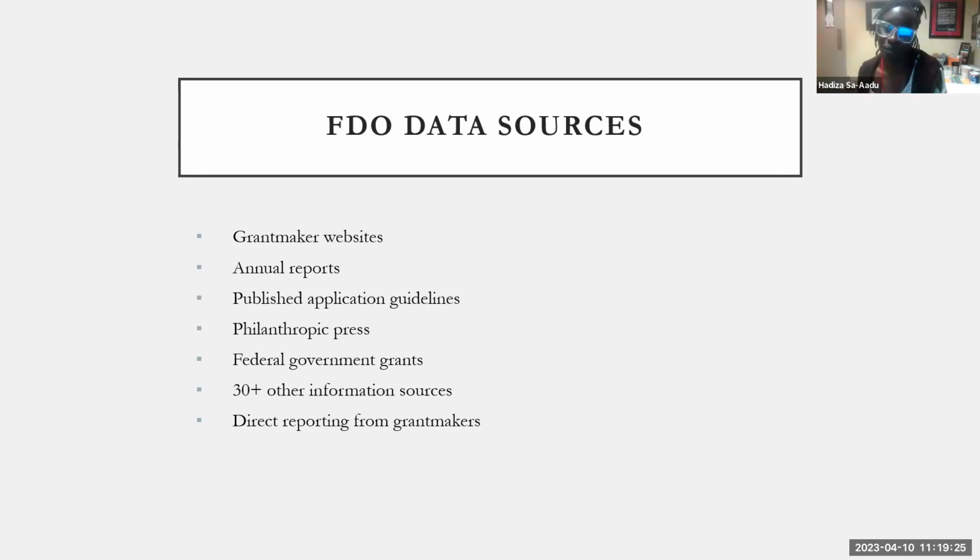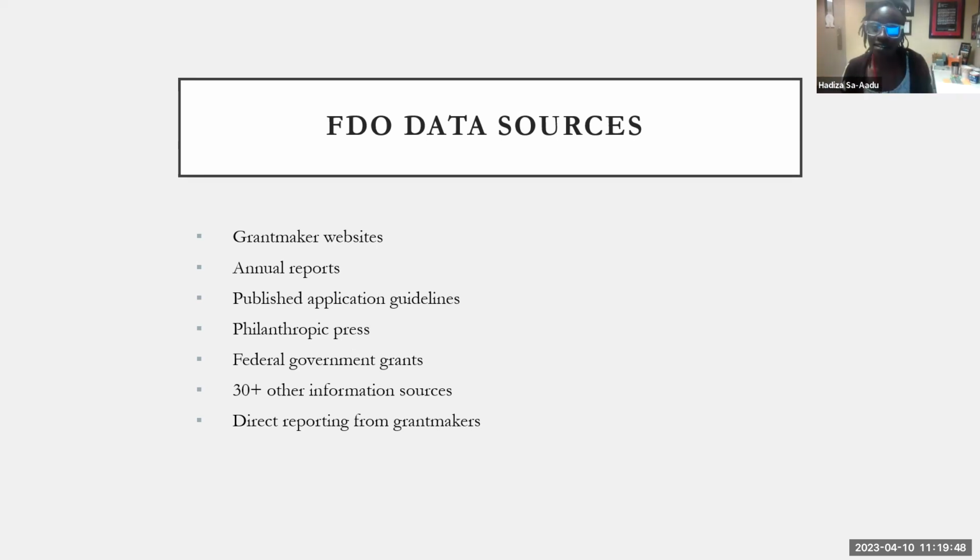Only the central library. Got it. Very good. Thank you so much. Yeah, absolutely. Thank you for that question. Yes, that is an important distinction to make. The Foundation Directory Online is only available at the central library downtown. So it's not any branch, it's just the central branch downtown.